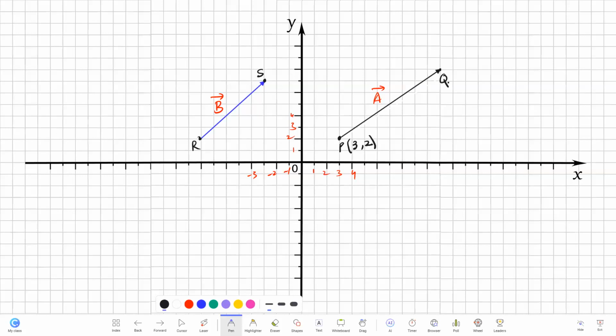Can you guys put the coordinates of Q in the chat? It's hard to measure.